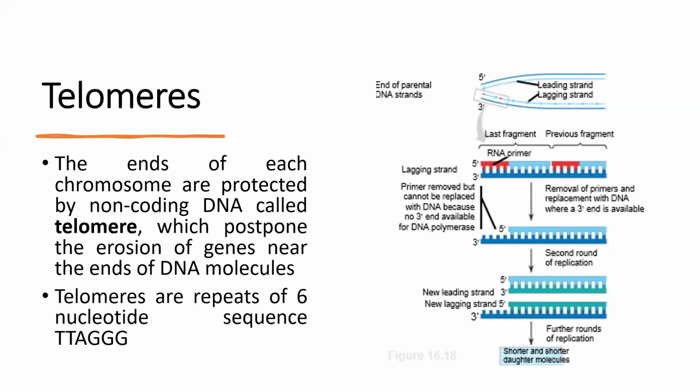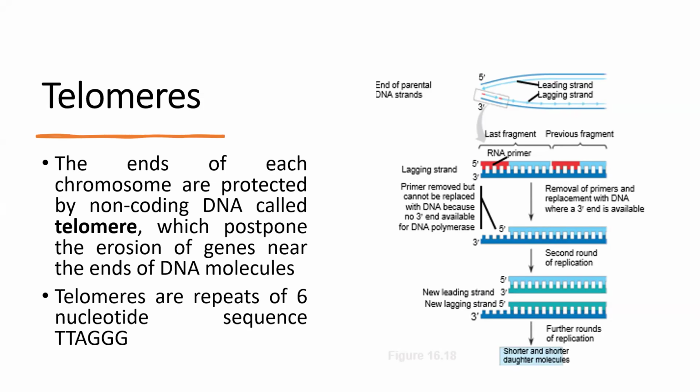This protective sequence is called telomeres. Okay, telomeres. They are non-coding DNA located at the ends of the chromosome, and they are just repeats of TTAGGG. Just keeps on repeating. TTAGGG, TTAGGG, repeated like a couple hundred times.